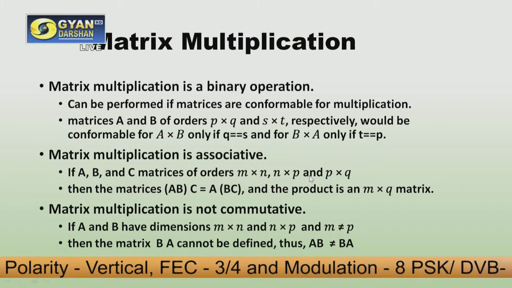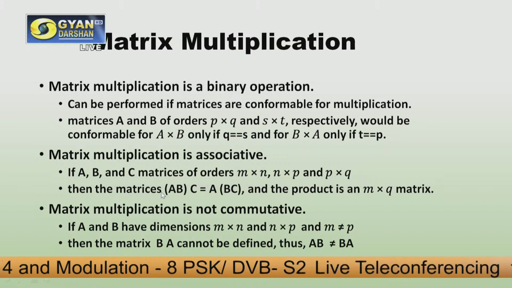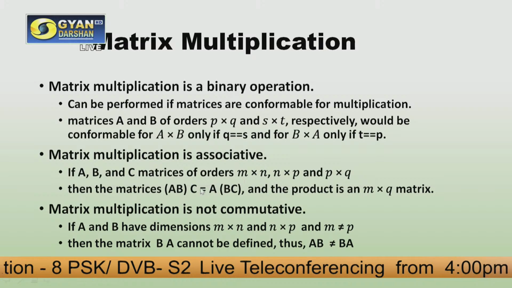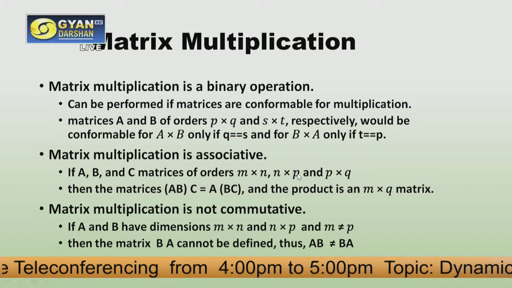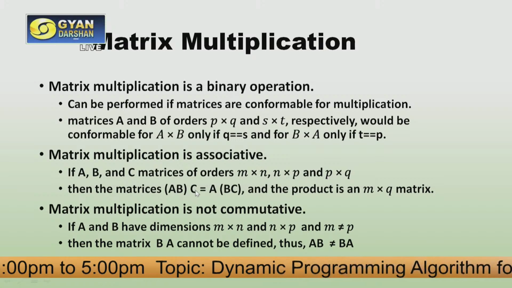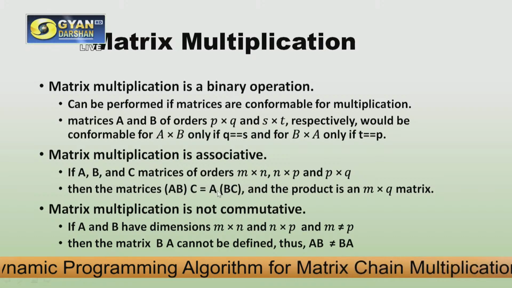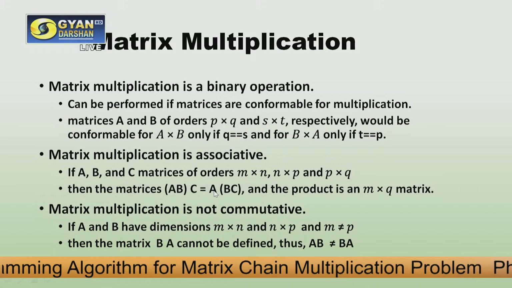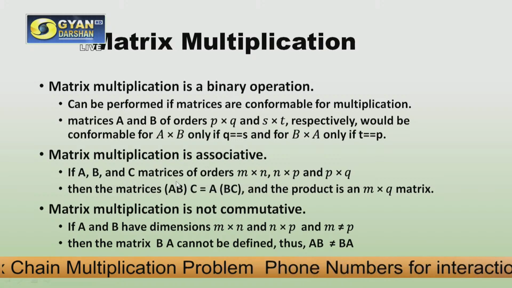Now there are two ways we can multiply them in an associative way. That is, we multiply A and B first, and then the product AB, which is going to be M cross P, we multiply with the third matrix C. Or we multiply BC first and then multiply with A. So these are the two ways by which we can multiply them.